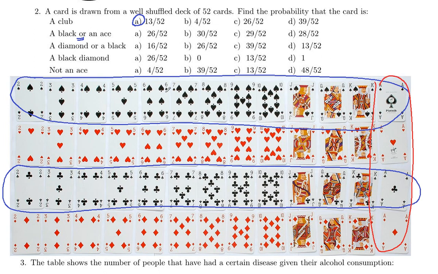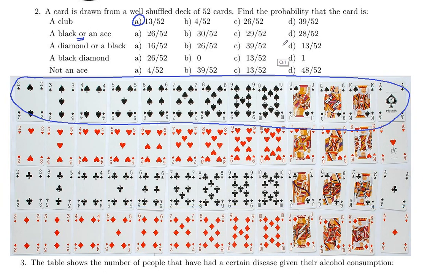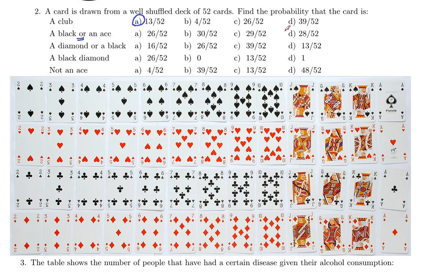So we're going to keep the 13 and 13, 26 black cards. The 2 black aces are already included, and then plus 2 more. So 26 plus 2, 28 out of 52, which is D. So that's one way to do that. Or you could actually use the union rule. So 28 out of 52.